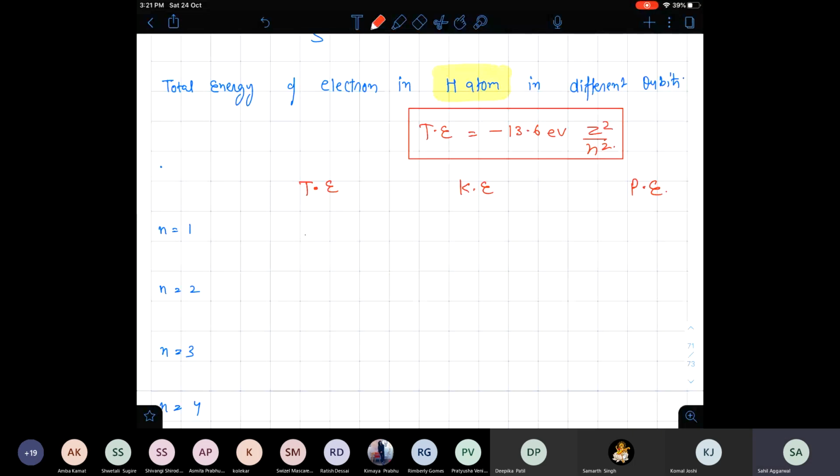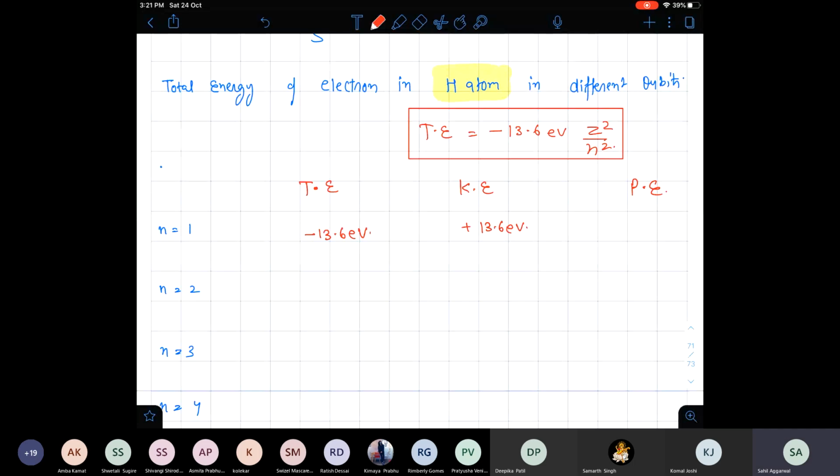So this will be minus 13.6 electron volt. So how much will be kinetic energy then? It will be just same magnitude opposite sign.